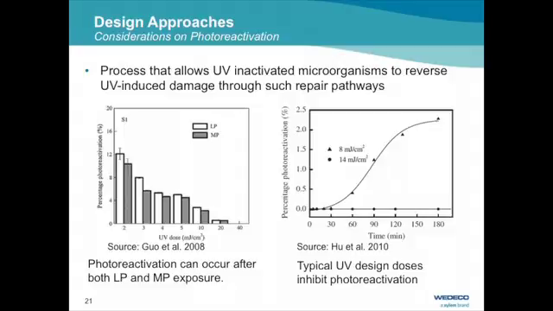So the white bars are for low pressure, the gray ones for medium pressure. But if you look at the dose levels, you can only observe it probably up to a dose of 10. After that, it's really more or less close to 0. So that means that at typical design dose levels we apply for our UV system designs, you don't have this effect anymore.